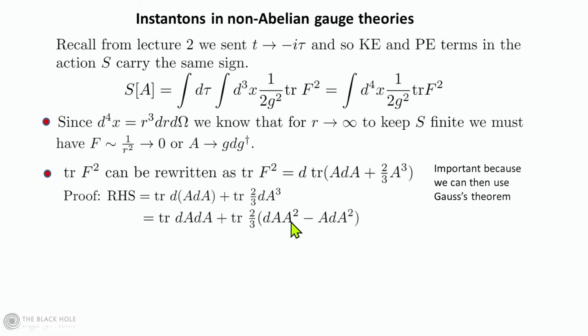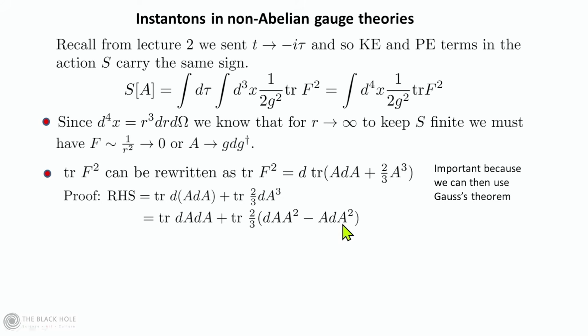And see, I have a minus sign over here. Why do I have a minus sign? Because D, when it crosses a one form, and A is itself a one form, you get a minus sign. So that minus sign comes here. And this is A dA squared.